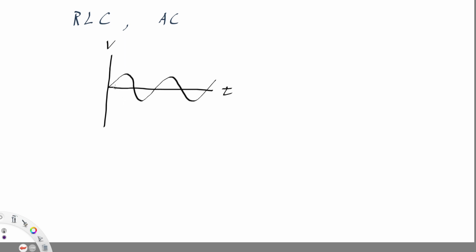The voltage in the capacitor is going to be behind the input voltage. So if the voltage going into the circuit peaks at this point, the voltage across the capacitor will peak later. And again, that's because it takes time to charge the voltage on a capacitor.